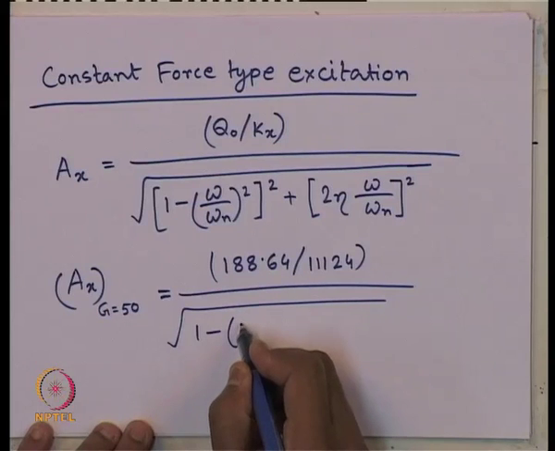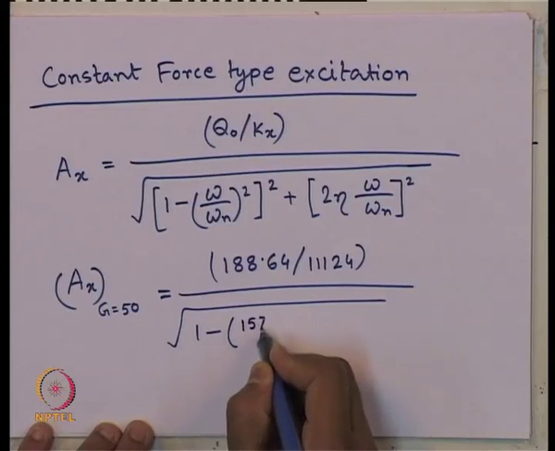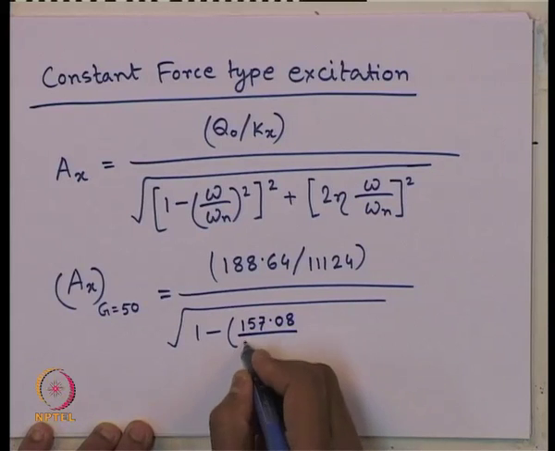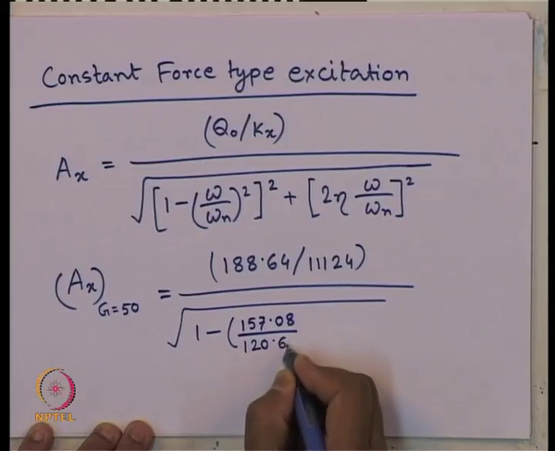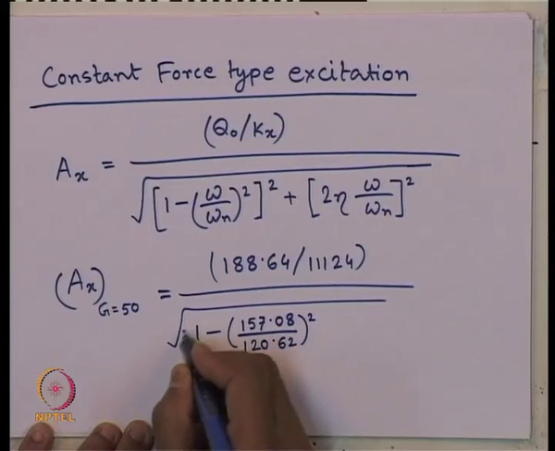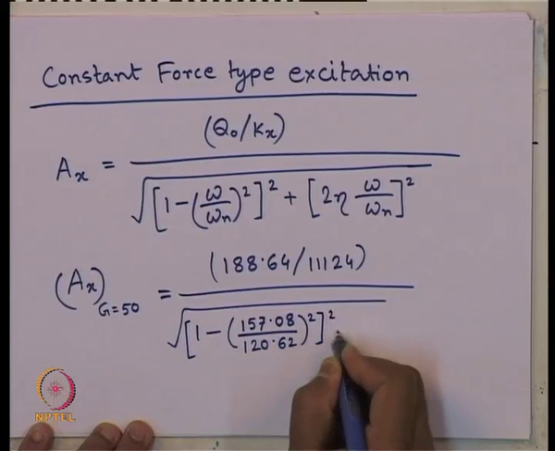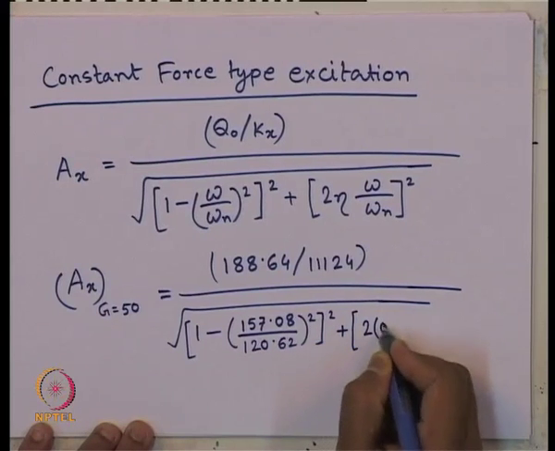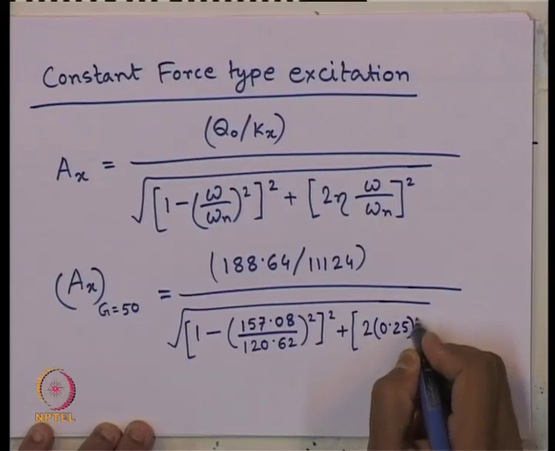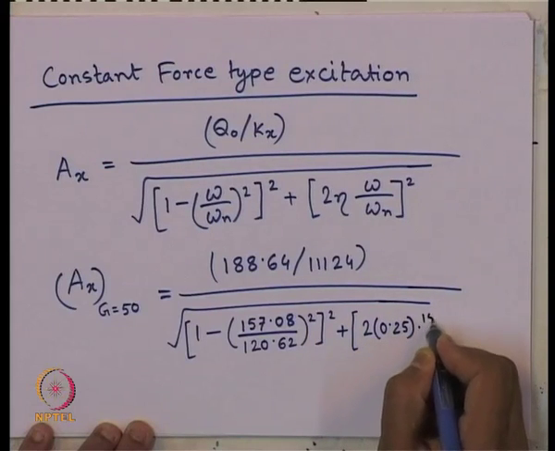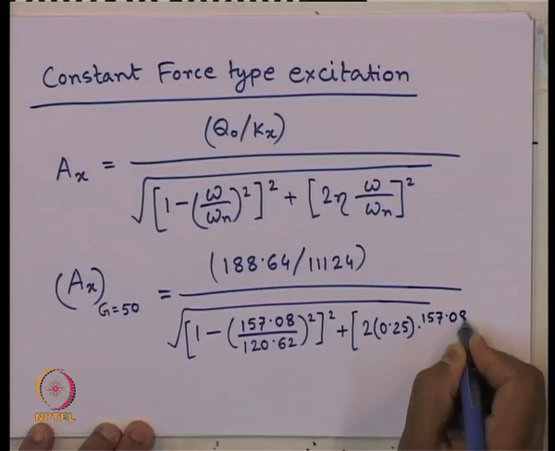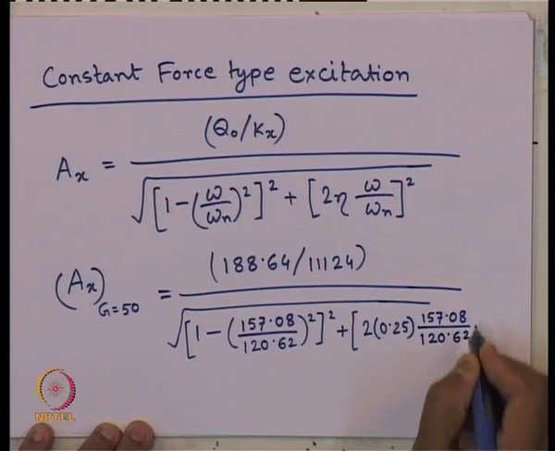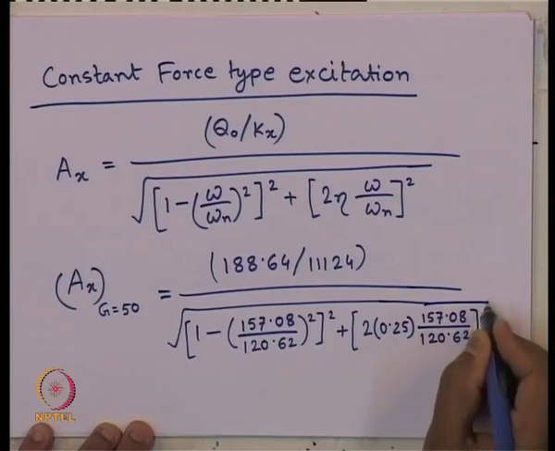We have converted to cycles per second, which is 157.08, divided by 120.62 whole square, to the power 0.25 of 157.08 by 120.62 whole square.